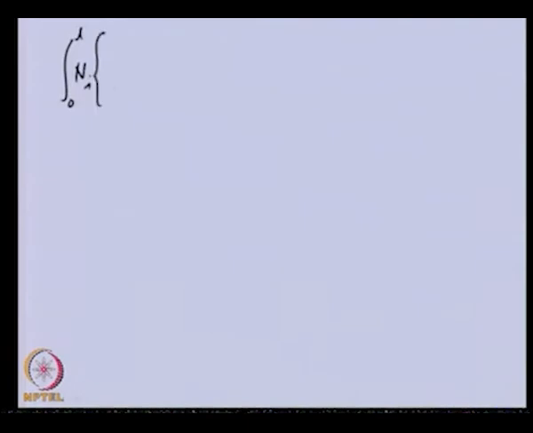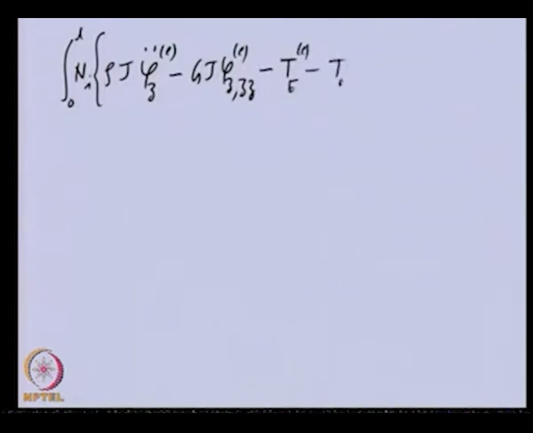Within the bracket I am expressing the residual. Basically this is the inertia term and this is the elastic torque term, comma zz means double derivative with respect to z, then the external torque which is distributed, and the concentrated torque which is located at one location z equal to z naught. So, this was the residual.